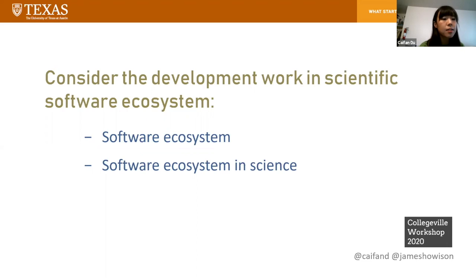A software ecosystem is a set of interconnected software projects and the actors and stakeholders engaged in software work. And particularly in the context of science, a software ecosystem is a set of scientific software projects.